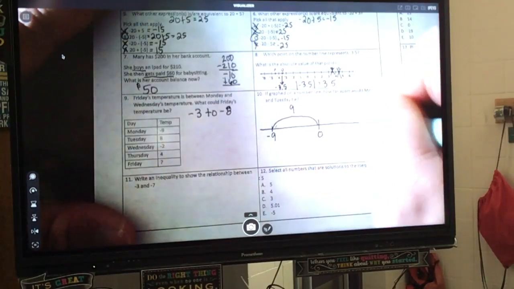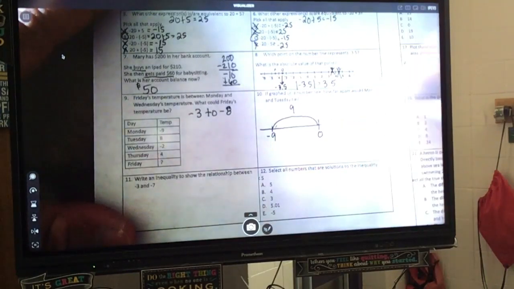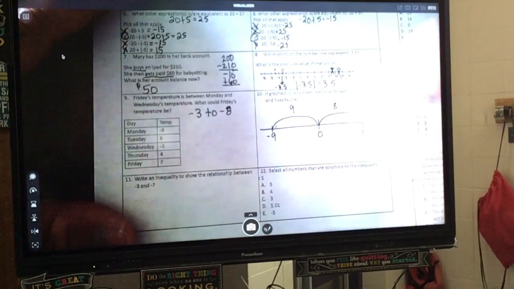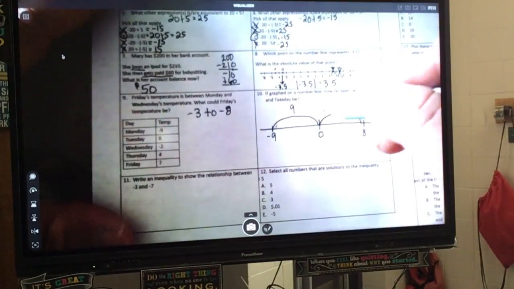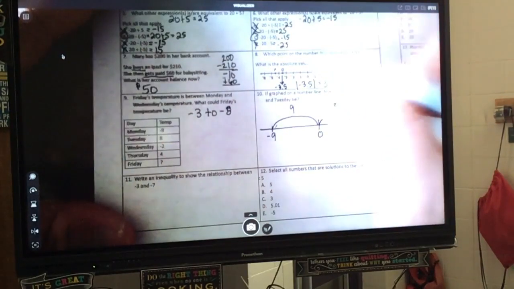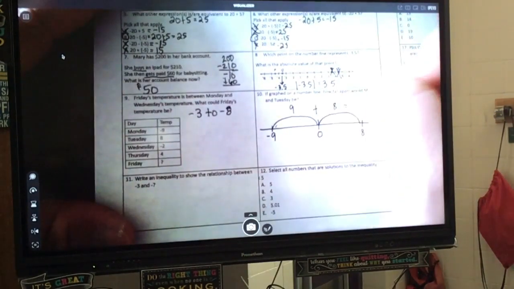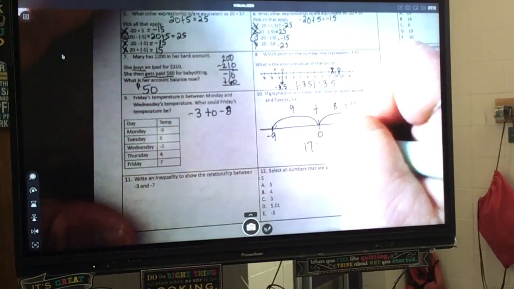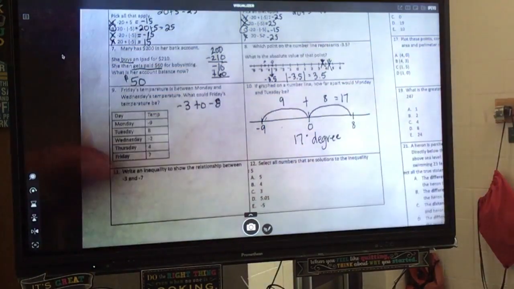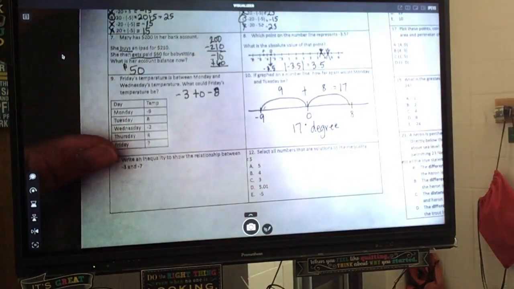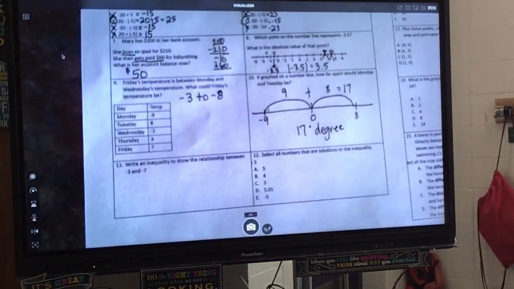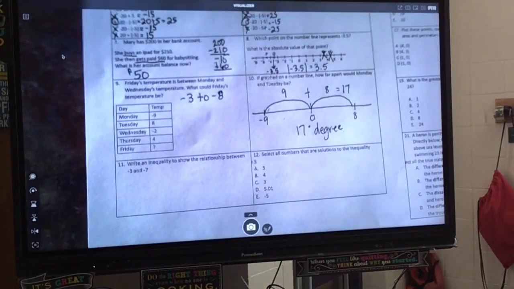And how many hops does it take me to get from 8 to 0? And then am I going to add these two, subtract these two? What am I doing here? Willie? You're adding. I'm gonna add. So I'm gonna do 9 plus 8 equals 17. So it is a 17-degree spread, difference, whatever you wanna call it. Does that make sense? Everybody's good? Okay, just make sure.